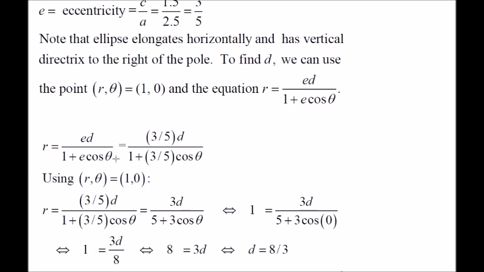So this is our equation: r equal to ed divided by 1 plus e cosine of theta, with e equal to 3/5. At the point (1, 0), r is 1, theta is 0. In the place of r we have 1, in the place of theta we have 0, and in the place of e we have 3/5. Then we can solve this equation for d.